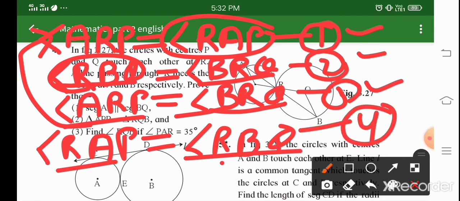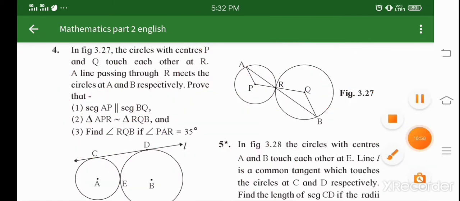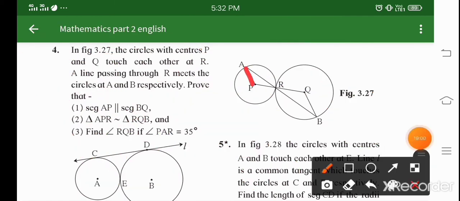Now in the triangle APR, similarly we can say that segment AP is parallel to segment BQ. How? See this diagram. This AP and this BQ, we have proved that this angle and these angles are equal.